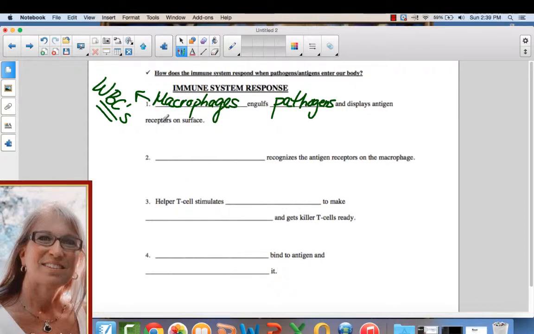What happens next is helper T cells recognize the antigen receptors on the macrophage. And these helper T cells stimulate B cells to make antibodies.